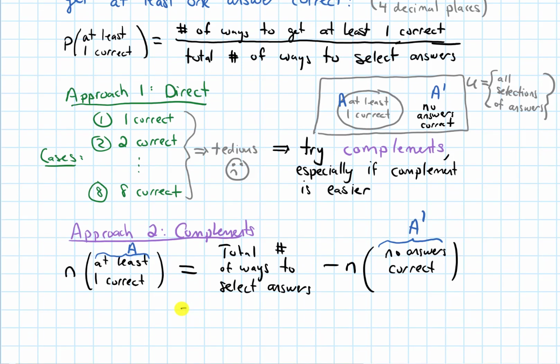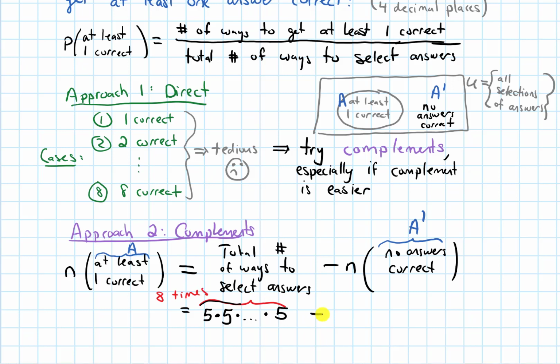So that means we have 5 choices for the first question, and then 5 choices for the second question, and 5 choices for every single question up until the last one. So we'll keep multiplying a bunch of 5s, and there's 8 questions, so overall we are doing this 8 times.